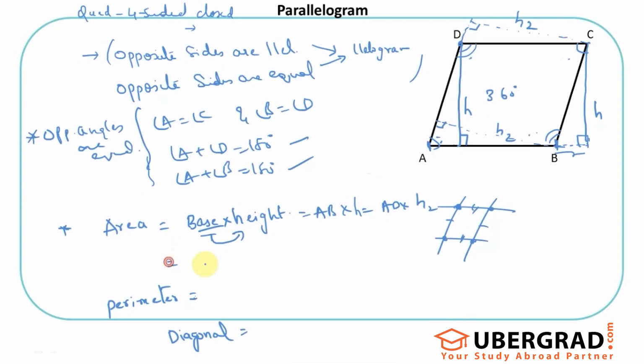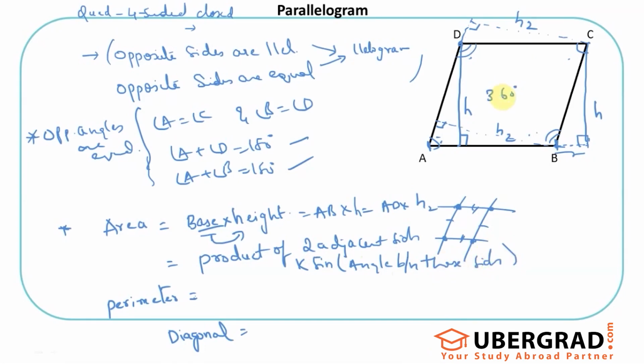There is one more formula: the product of two adjacent sides into the sine of the angle between those two sides. Generally we denote the sides as A and B. Opposite sides are equal, so let me use A and B. If I multiply any two adjacent sides, AB or BA, it's all the same, into the sine of the angle between.